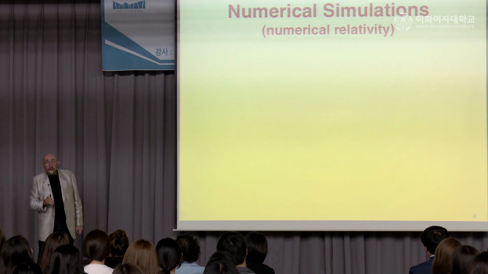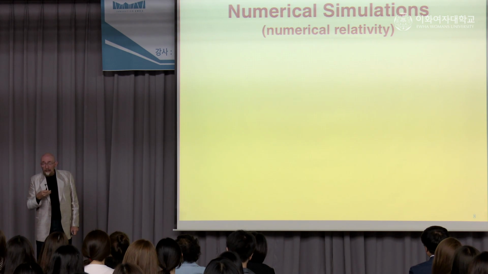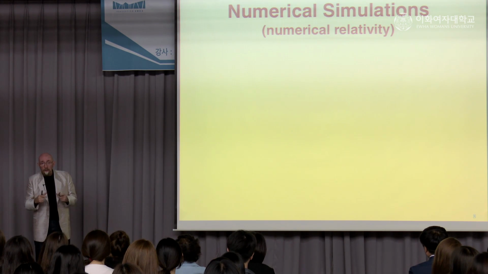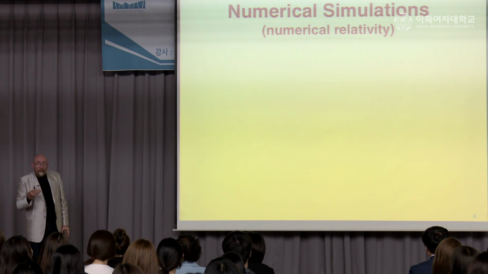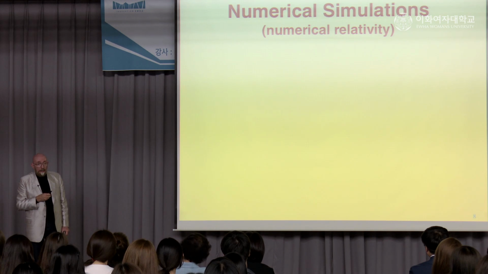And that motivation led me in the year 2000 or 2001 to start a research group at Caltech, where I work, working in numerical relativity. Many other groups were already working in the subject. My special interest was to study geometrodynamics.